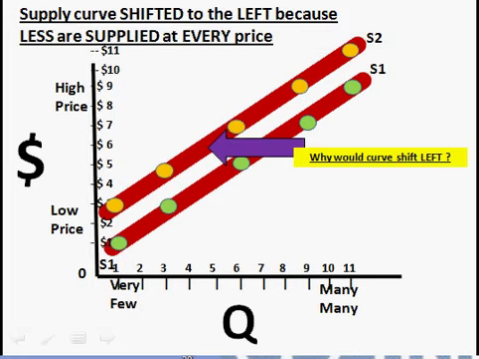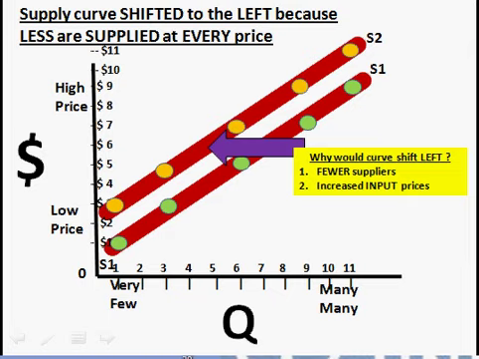So why did that shift occur? Well, the reasons are, it could have been because there were fewer suppliers in the marketplace. So if a lot of suppliers quit the business, the suppliers that are left will be supplying less at every price. There may be an increase in the cost of some of the inputs.